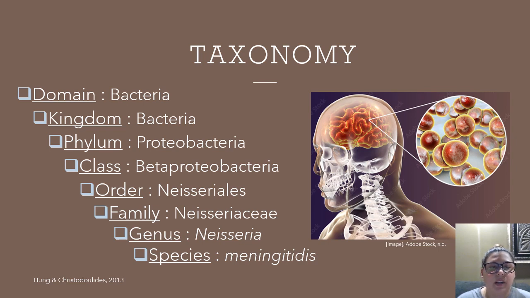The order Neisseriales is comprised of gram-negative non-sporulating bacteria. N. meningitidis is a member of the family Neisseriaceae, which are gram-negative coccoid-shaped bacteria that lack flagella and possess an outer capsule. And then finally, we've got the genus Neisseria and species meningitidis.